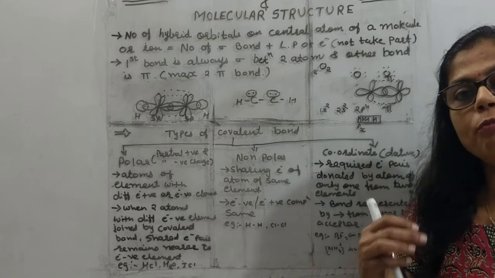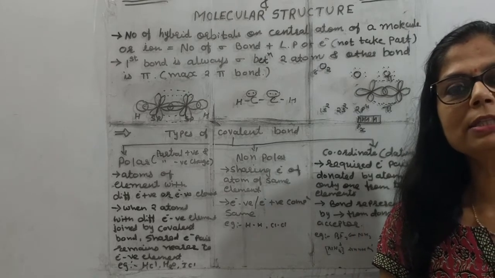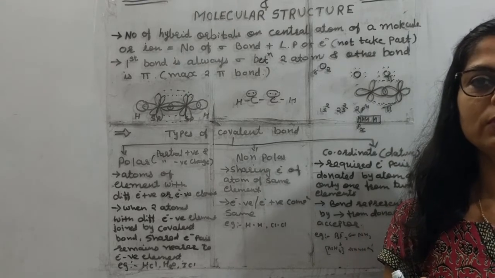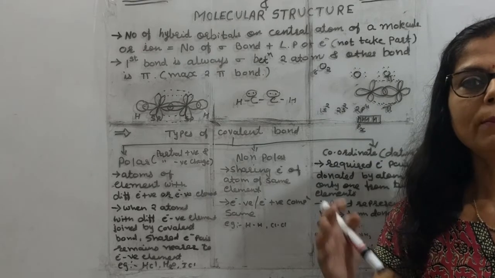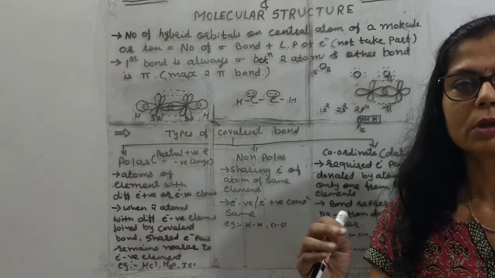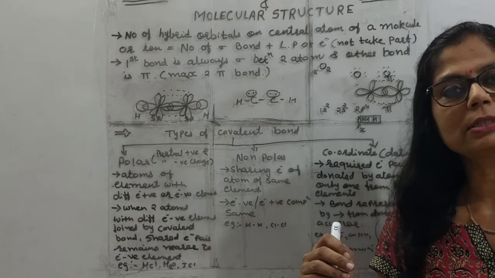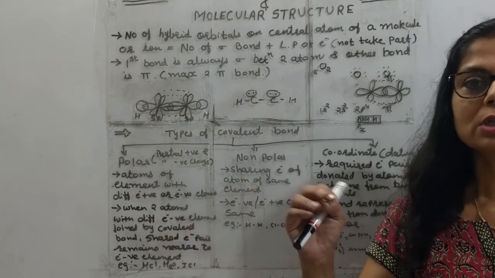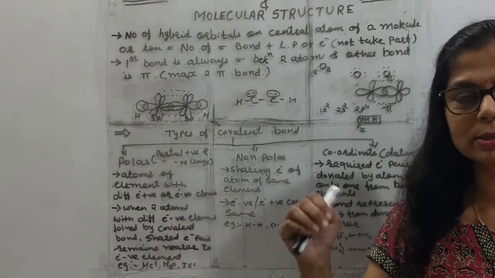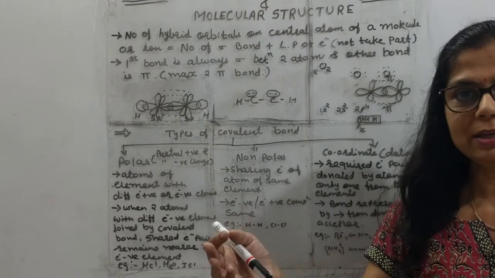Student, what is the meaning of polar? Polar, as you know, comes from the word pole. Pole, magnetic poles. Magnet has the south pole and north pole. So south pole means the plus charge and north pole means the minus charge.